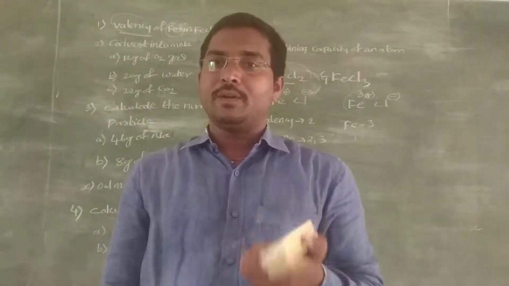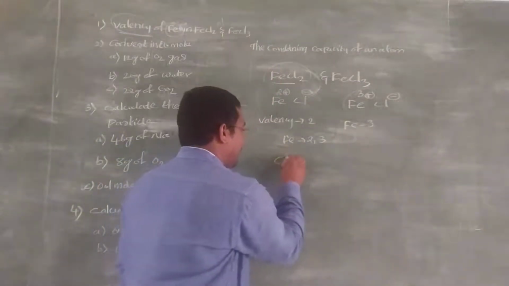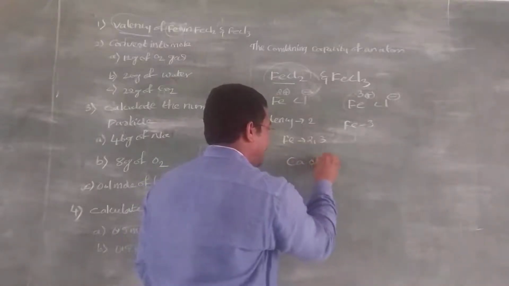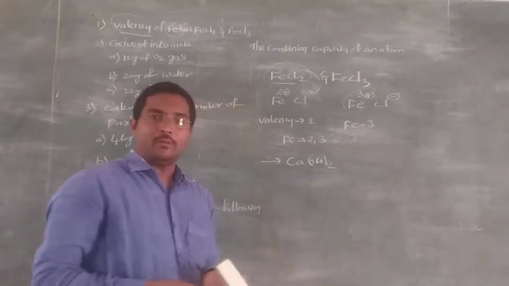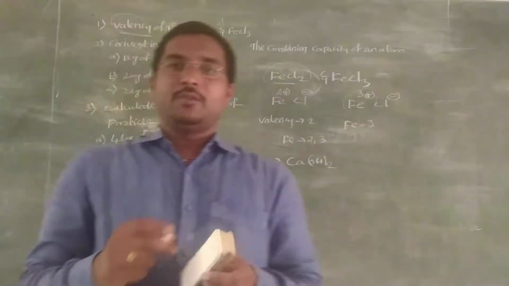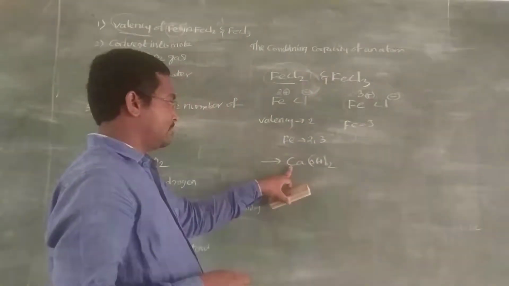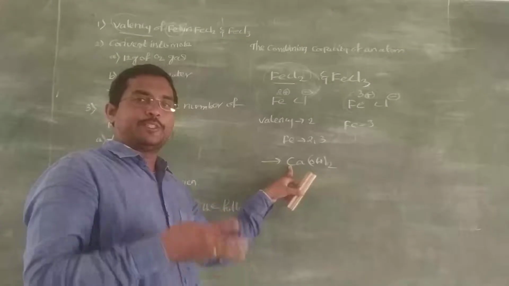So like this you want to write, my dear. Next here, Ca(OH)2, OH taken twice. In the formula, what is the valency of calcium? Anyone? You know very well calcium is a second group element.